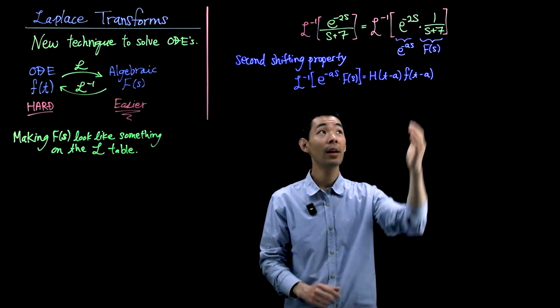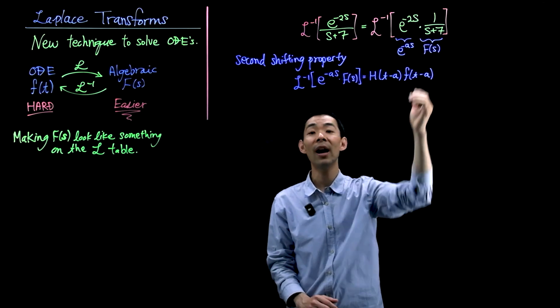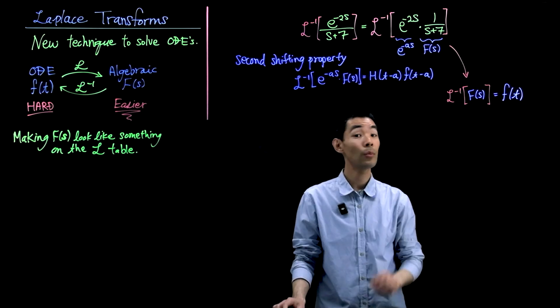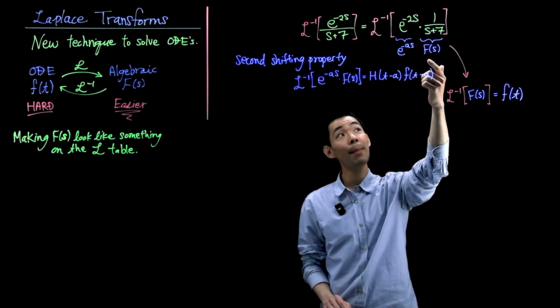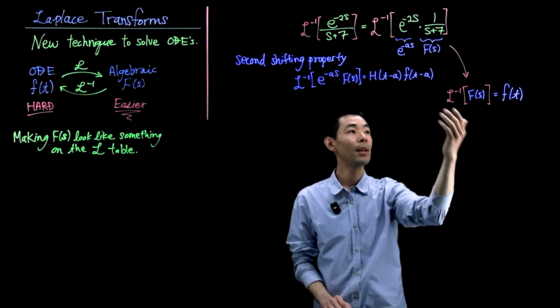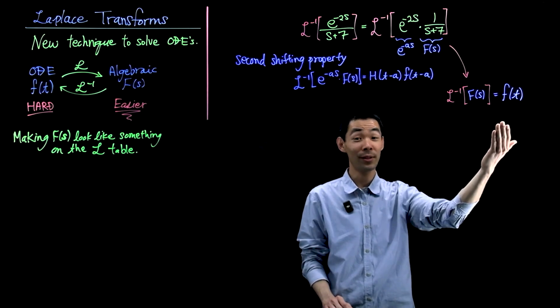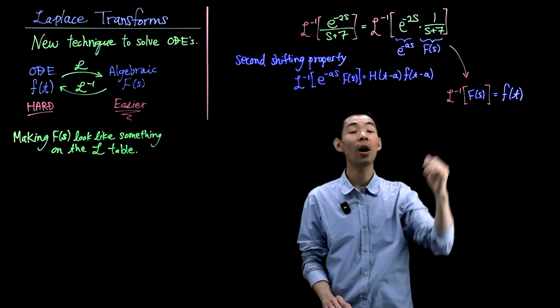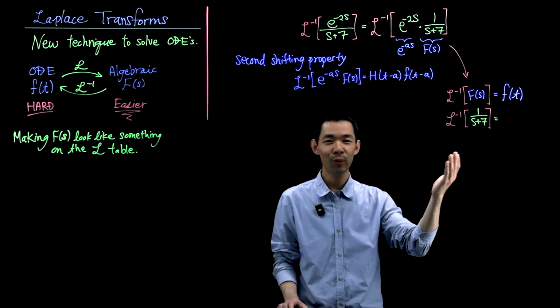So first, let's just take the inverse Laplace transform of this function capital F of s. So what I'm doing here is first trying to take the inverse of our capital F of s function. This is the definition of the Laplace transform and the inverse transform. So now plugging in our capital F of s. Now, this one is worth remembering.